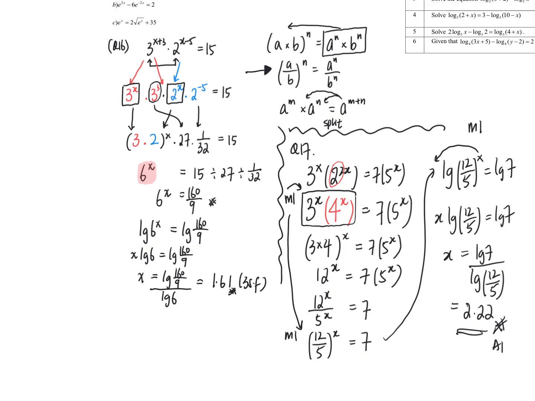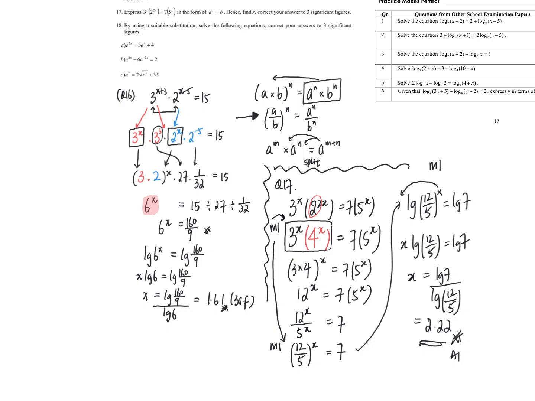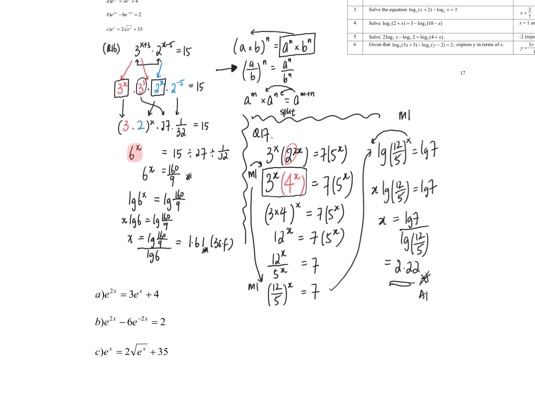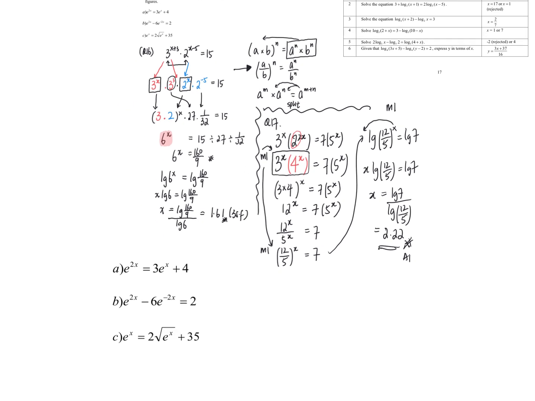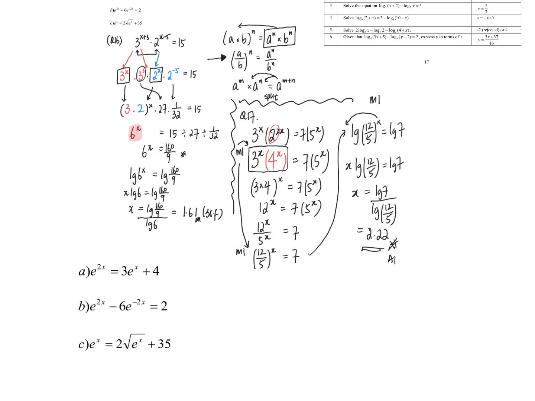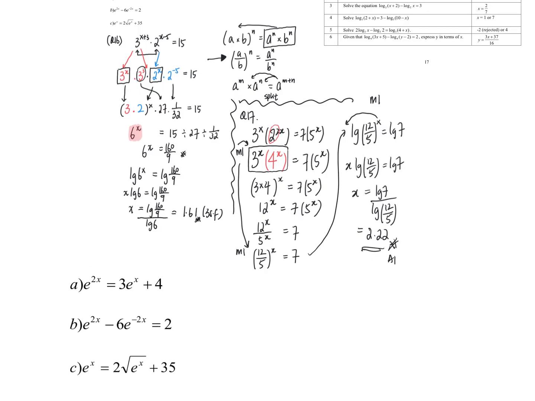So the very last type that you will see is question 18, which is solving by substitution. Let me just show you how it can be done. They will always say suitable substitution. So you look carefully. There will be a quadratic that you can form. If you let this be A, so actually this is A squared.